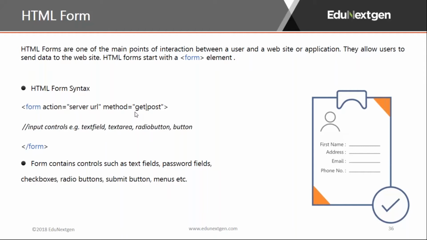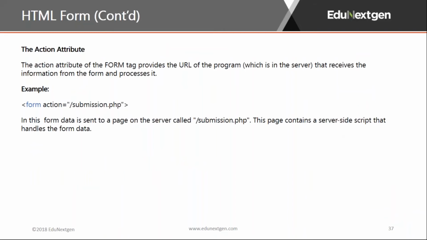In between, we have many different input controls like text fields, password fields, checkboxes, radio buttons, submit buttons, menus, and many more to provide the data. So the action attribute's URL provides the server-side program which will process the data filled in our form.